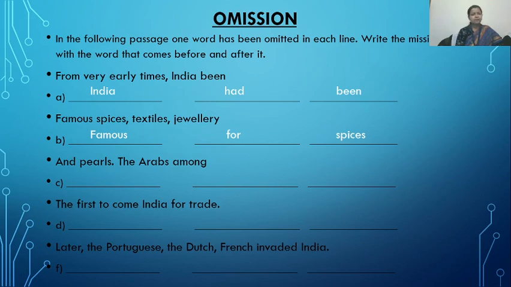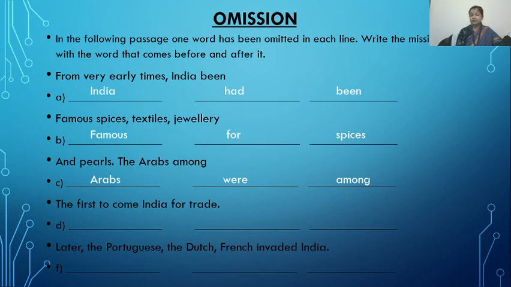If I keep my reading in continuity, "the Arabs among the first to come." There is no verb being used. So "the Arabs were among." The Arabs were among the first to come to India for trade.